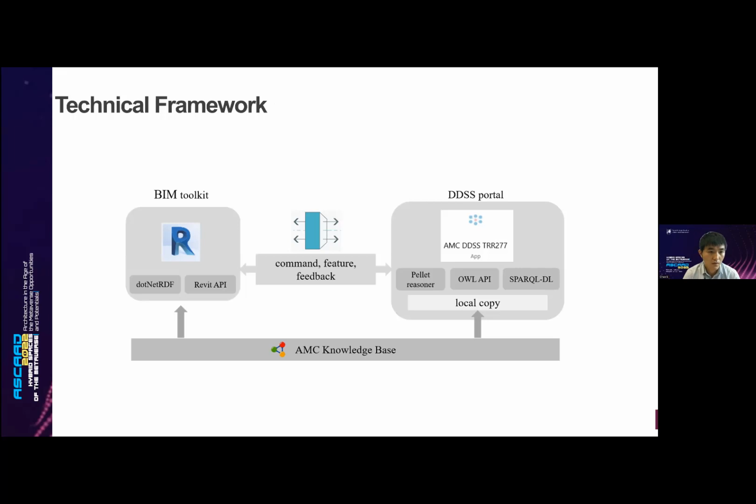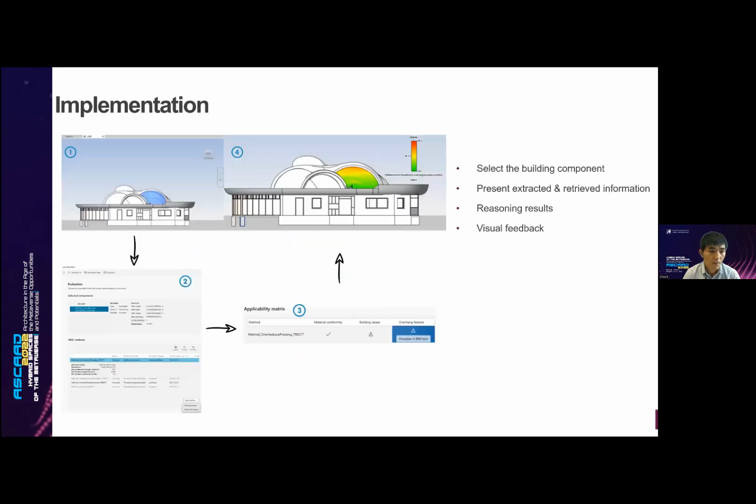The illustrated technology framework presents four major components, namely the AM knowledge base, the toolkits on the BIM authoring tool, the remote procedure call, and the portal of the design decision support system, where the Pellet reasoner is embedded for inference capabilities. Accordingly, we established a prototype.